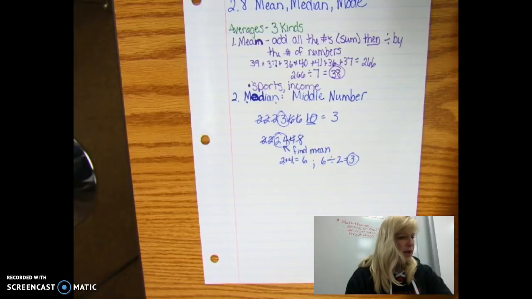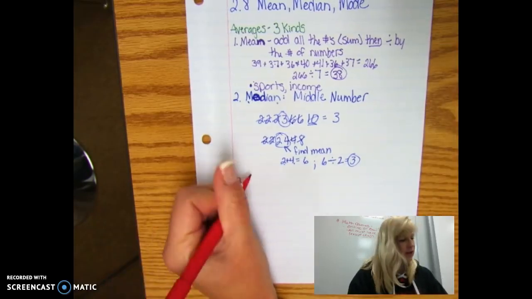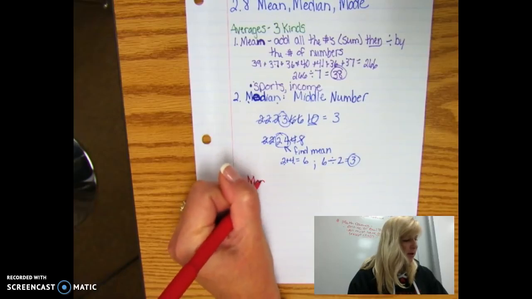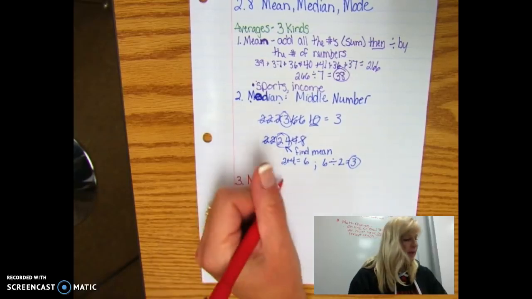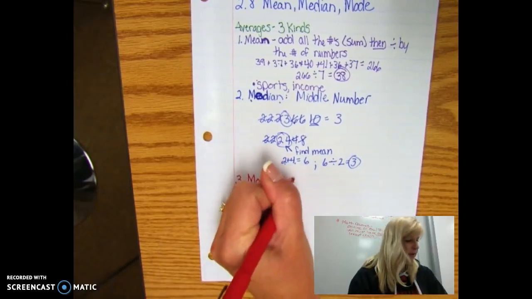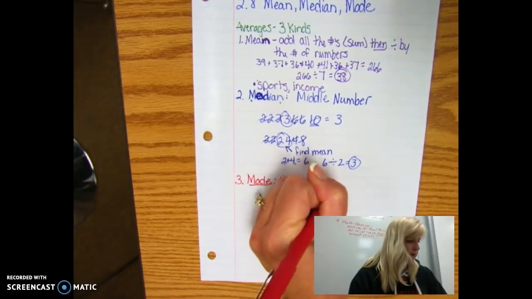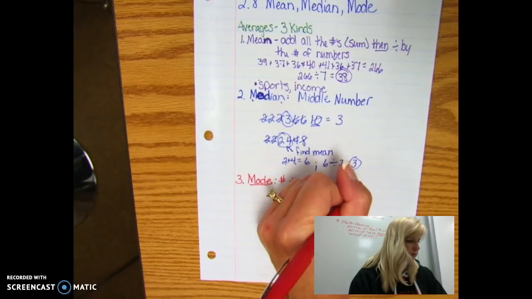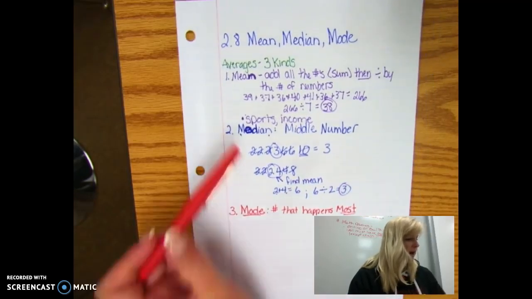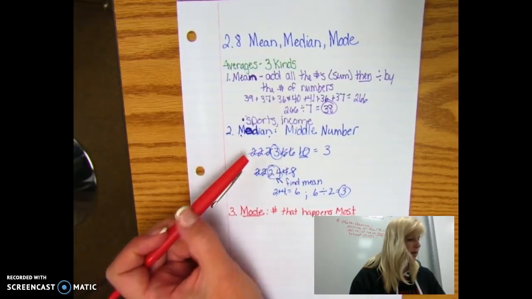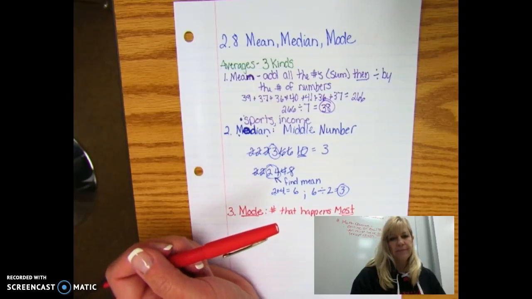The third kind of average, and it doesn't seem like an average, but sometimes it's an important number, is the mode. And that is the number that happens most. So when we go back up here in this set of numbers, you can see that 2 is the mode of this data set.